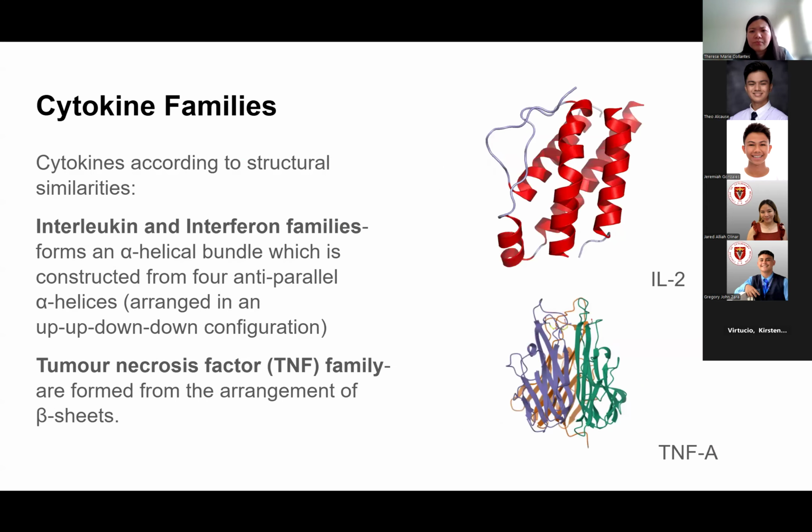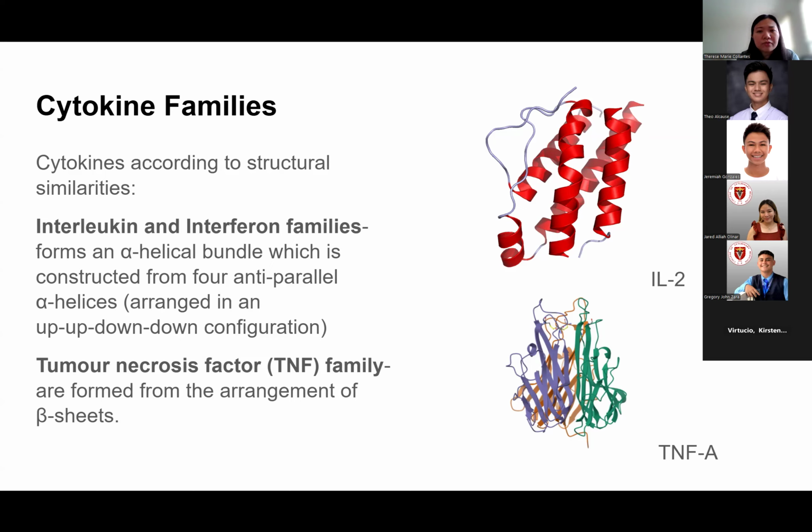For exam purposes, the main groupings that you just need to remember would be the interleukin, the interferon, and the TNF family. But this is overly summarized and simplified, as you may understand. There are other families of cytokines, and there are also the chemokines that we have already discussed before.